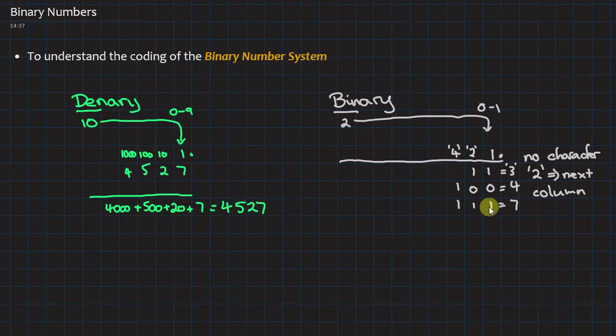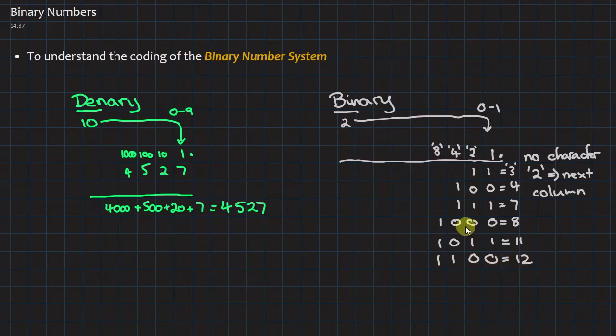And 8. I've got no way of putting 8 into any of these columns, so I need a column of its own for 8. So 8 is 1, 0, 0, 0. Go through again, I can do 8 and 1, 9, 10, 11 by doing both of those. And 12 is 1, 1, 0, 0. At this point, that's where some people normally start losing.